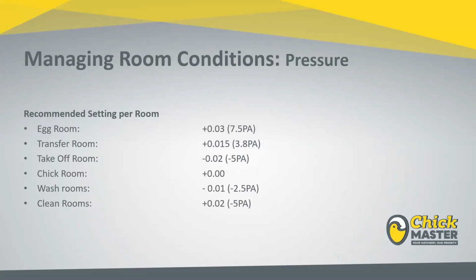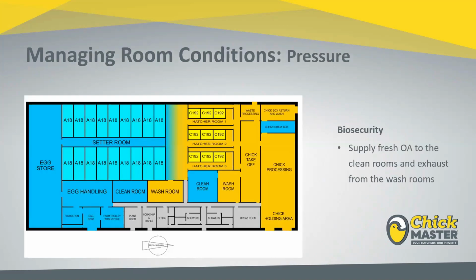So we try to keep a chick room neutral, washrooms slightly negative, clean rooms slightly positive, the 0.02 to 5 Pascal. I'll show you another illustration where we recognize that even in dirty areas, there are places that we want to have more positive than rooms next to it.